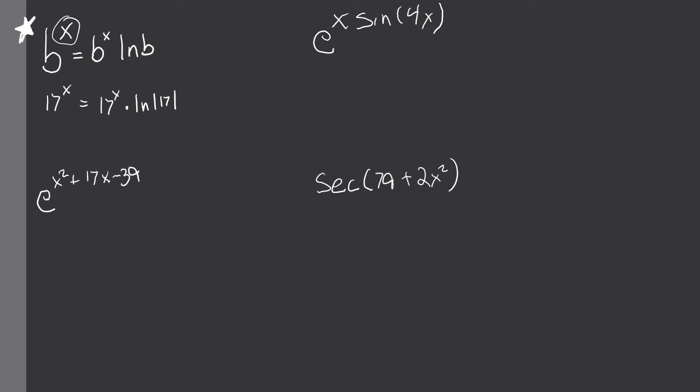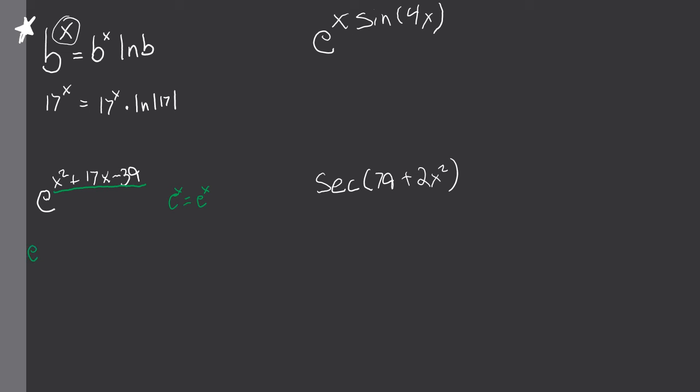Now we're going to go down to this e, and in our exponent we've got x squared, it's e to the quantity x squared plus 17x minus 39. And with e to the x, the derivative is just e to the x. And so that is our outer function, this e to the x. So we rewrite that and copy it.